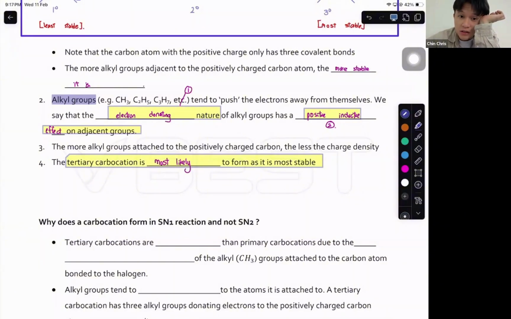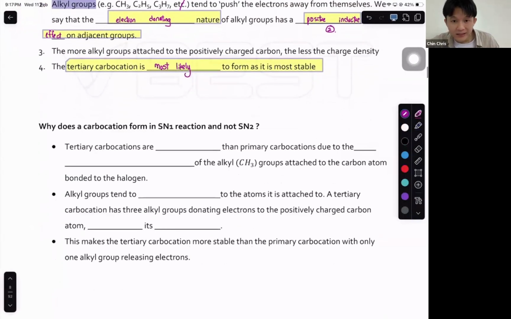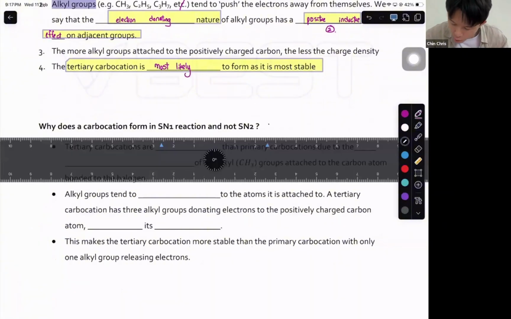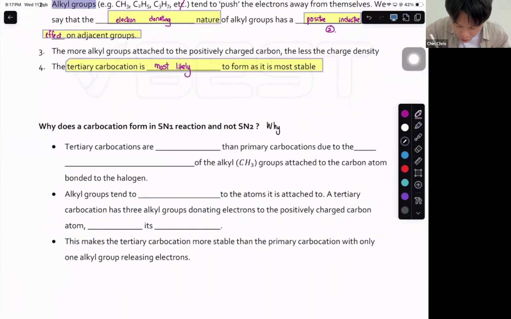Remember it this way. Alright guys, now you see why a carbocation is formed in SN1 and not SN2. Another question is, why does a tertiary only undergo SN1? You have to tell me that for tertiary, there will be a formation of a carbocation and it's very stable.